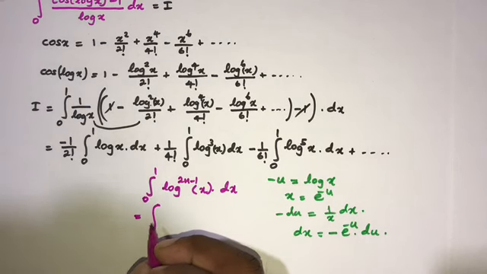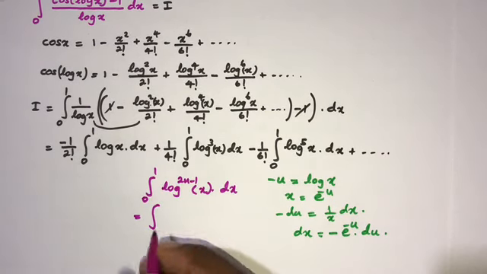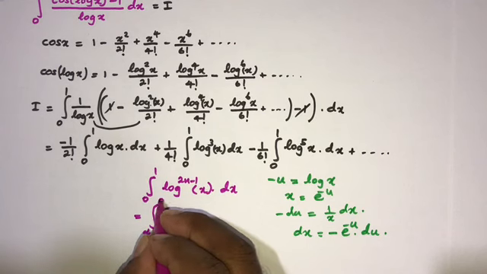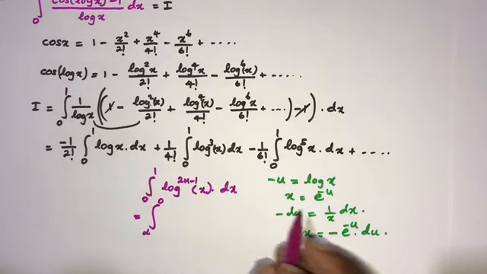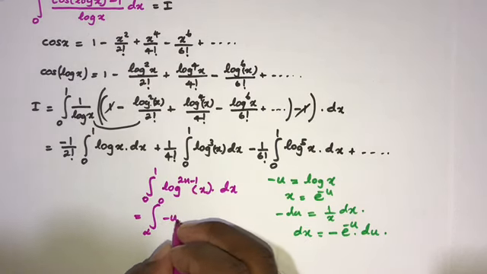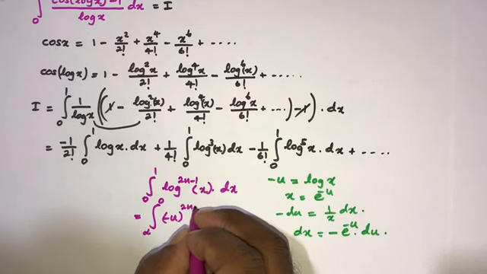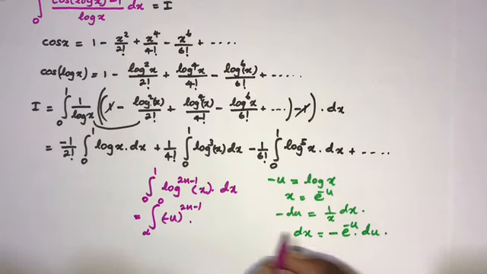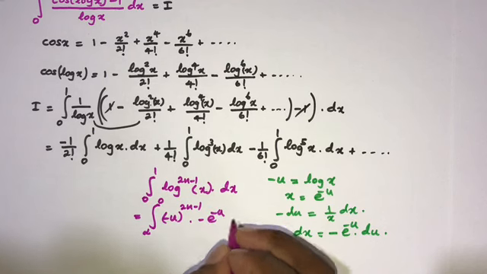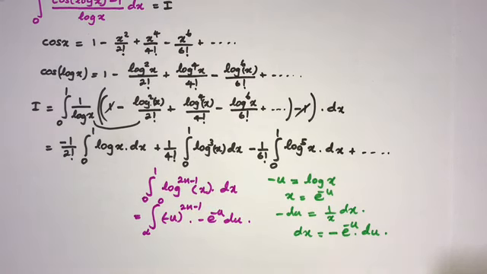Now for the limits, when x approaches 0, u goes to infinity, and at x equal to 1, u is 0. Log x is minus u, so we have minus u to the 2n minus 1, and dx is equal to minus e to the minus u du. Then next step, we change the lower and upper limits.